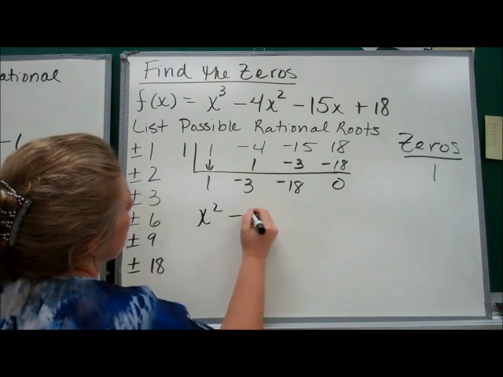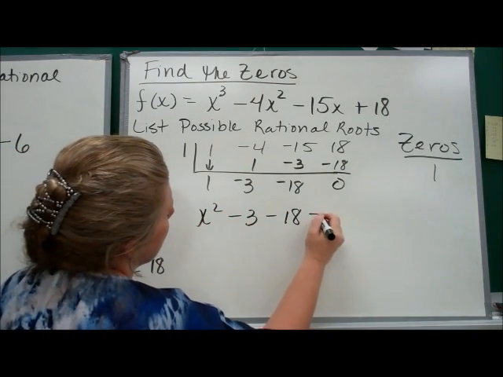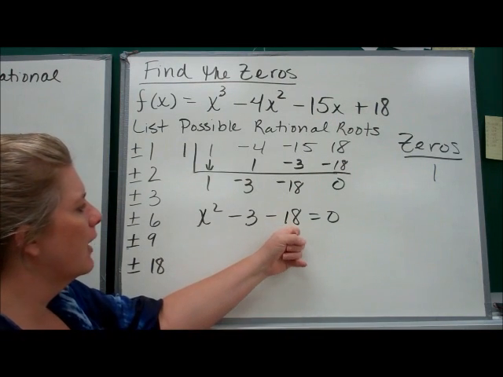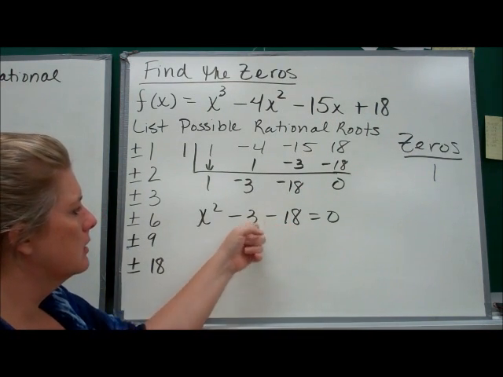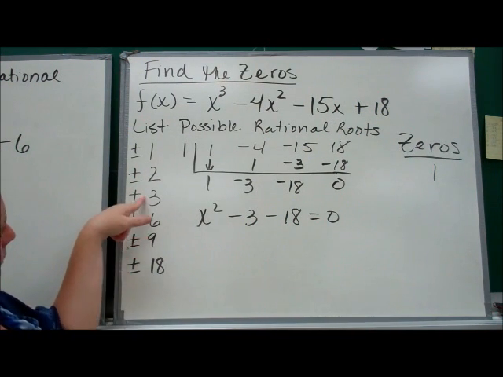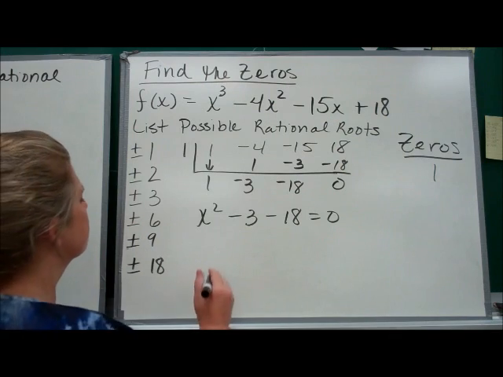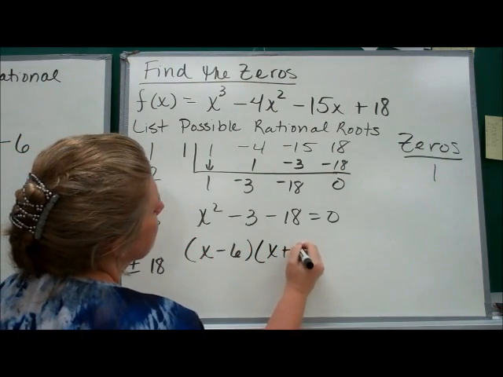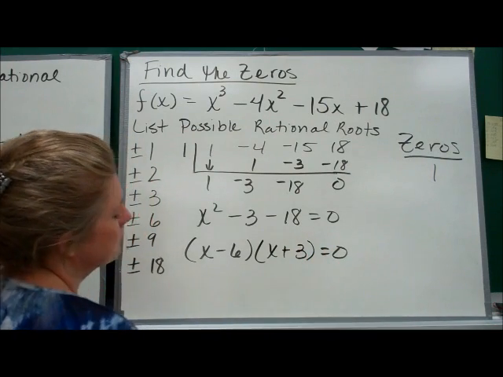Now if this is x squared minus 3x minus 18, if I set that equal to 0, does that factor? Are there factors of 18 that will subtract to 3? Well, here's your factors. 6 and 3. All right, so we've got x minus 6 and x plus 3 equals 0.